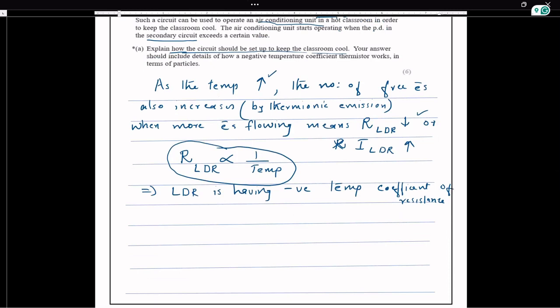So here we reached the point of the current.